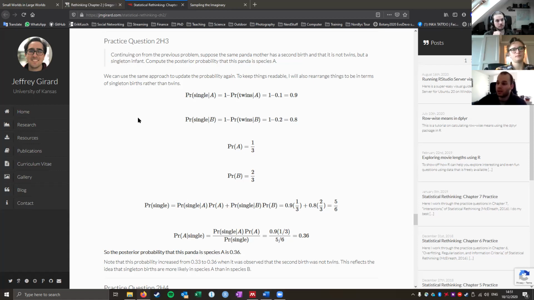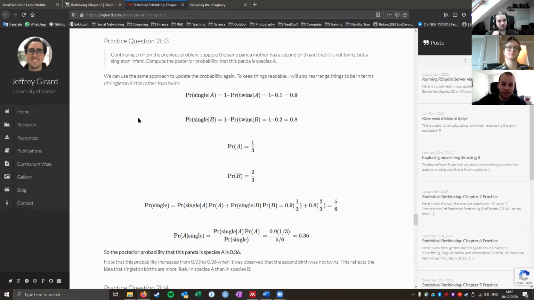And then we can calculate the probability of being a singleton infant, which is the probability of a singleton given A times the probability of species A, plus the probability of singleton given that the species is B times the probability of species B. And you just put in the values and get 5 out of 6.